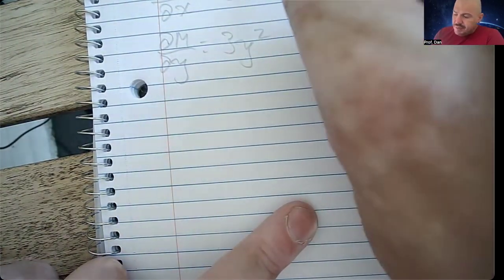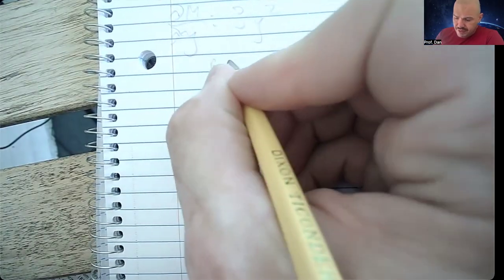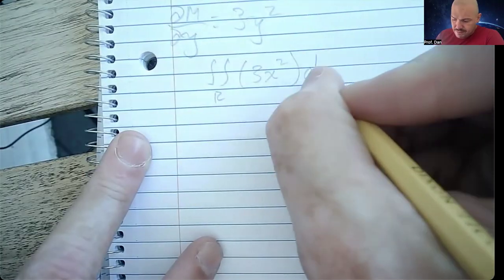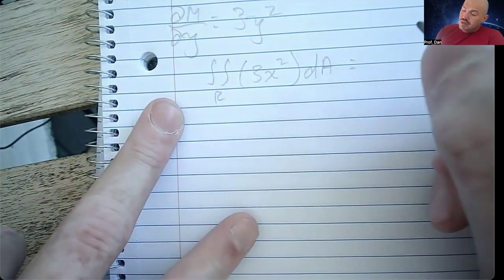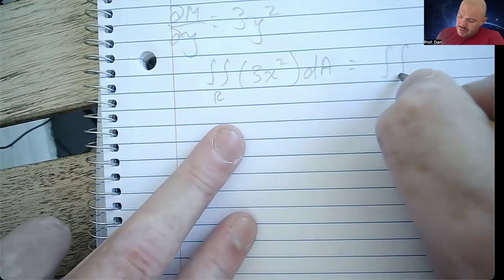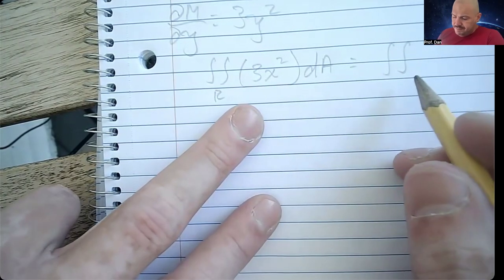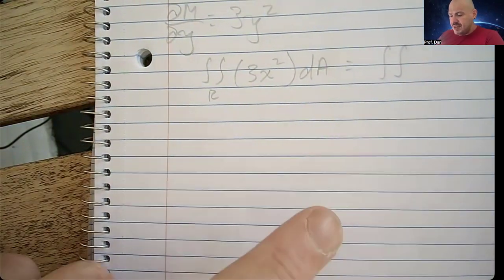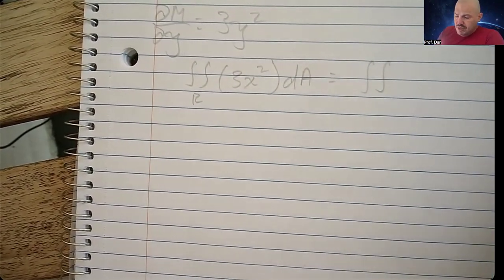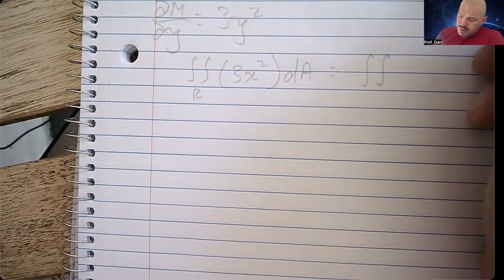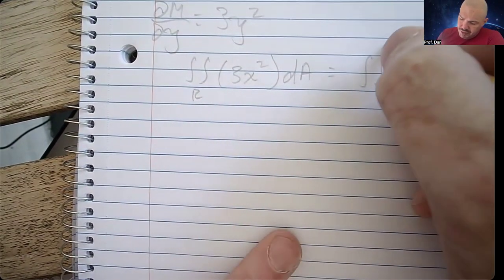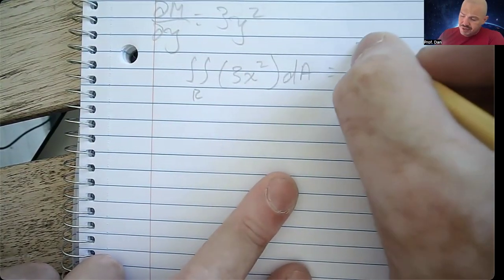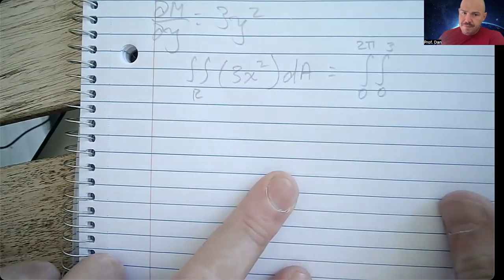So I know that to set up this integral, write it again over here. All right, my bounds involve r, the radius, and theta, the angle. So we have a radius of 3, meaning r is going to range from 0 to 3. We're going around the entire circle, so theta is going to range from 0 to 2 pi.